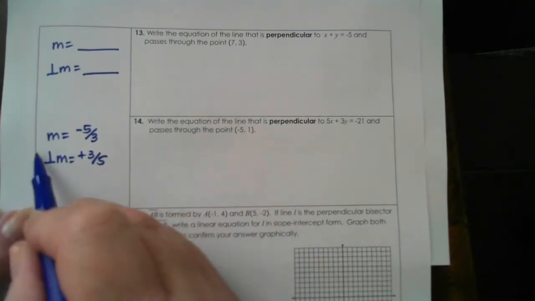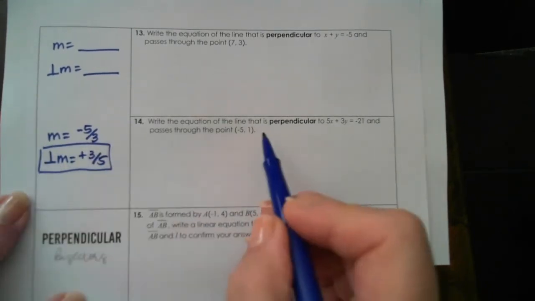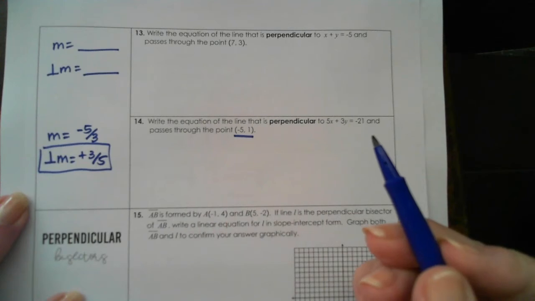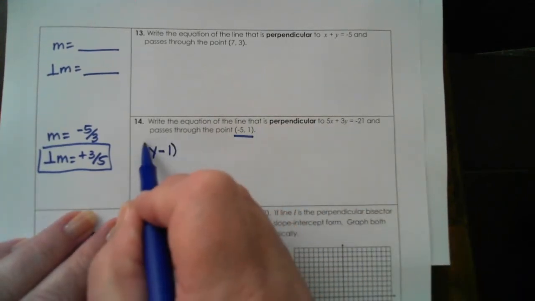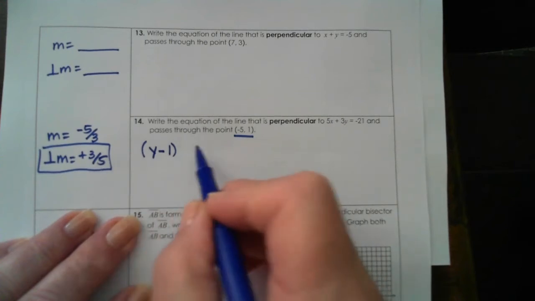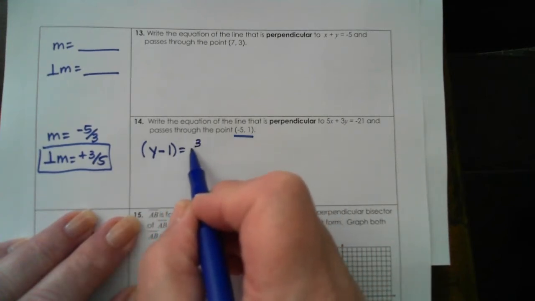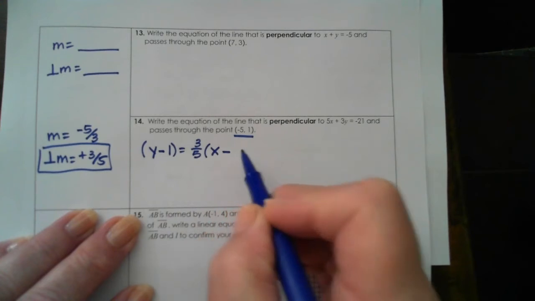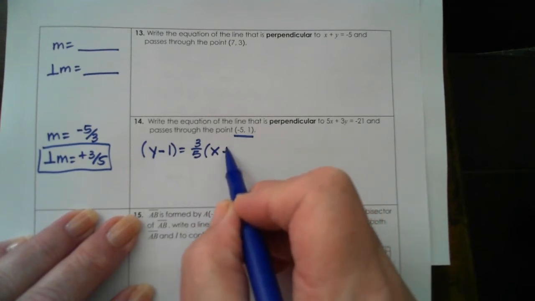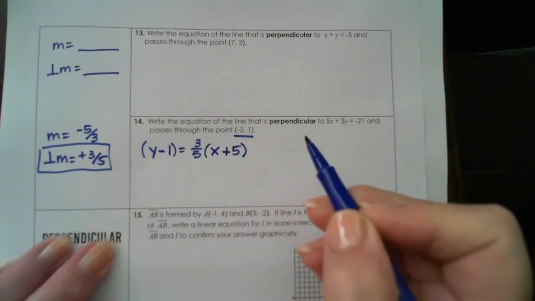So this is the slope that I'm going to use along with this point. So I've got y minus 1 equals my perpendicular slope, 3/5, times x minus, and this is a negative 5, so that becomes positive, subtracting a negative.